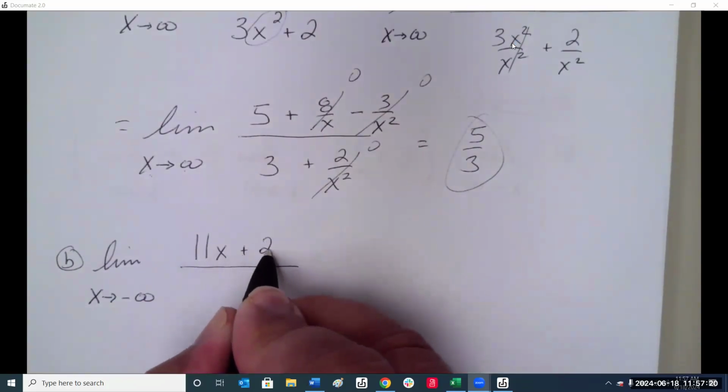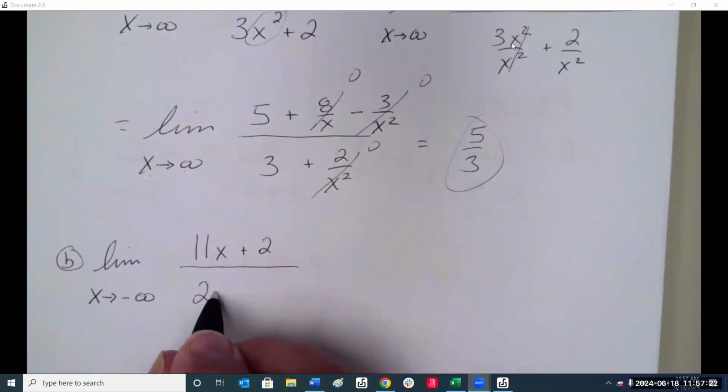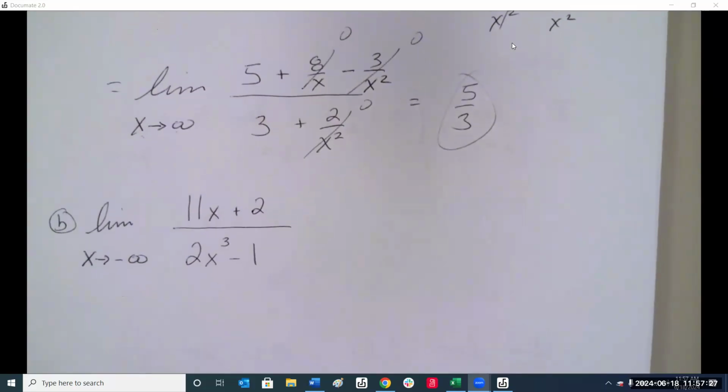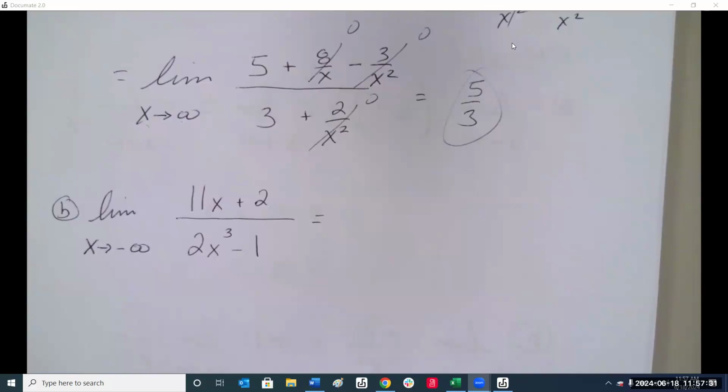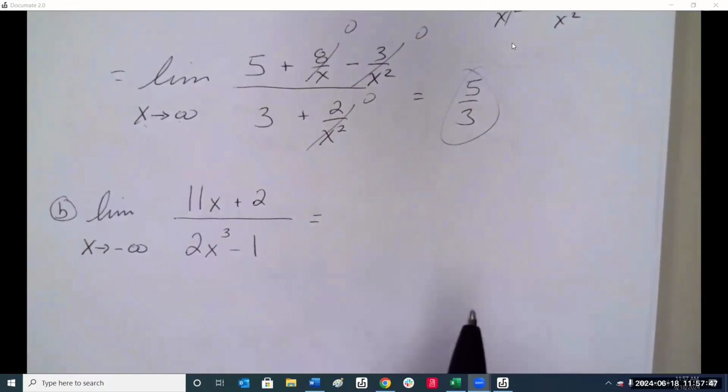11x plus 2 over 2x cubed minus 1. What do we divide by? x cubed.